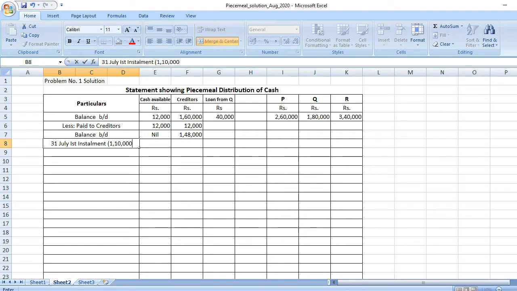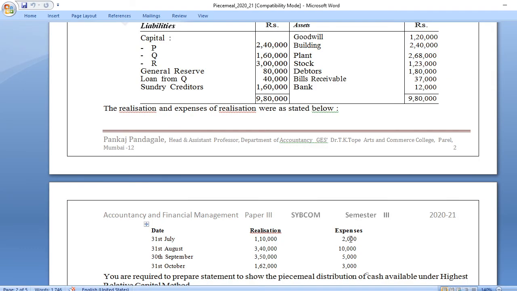Now the expenses incurred at the time of selling the assets were 2,000.